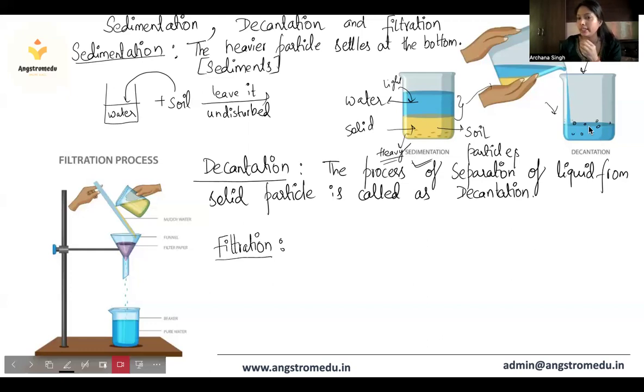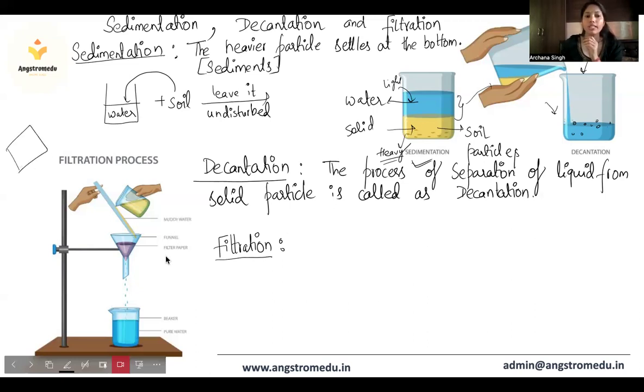Now we still want to filter out this impurity. We still want to do the separation so that we get clean water. So for this, we go for filtration. The process of separating the impurities which are present after decantation is called filtration, right? What we are doing over here is we keep a filter paper. You will see in the lab that you will have a filter paper.